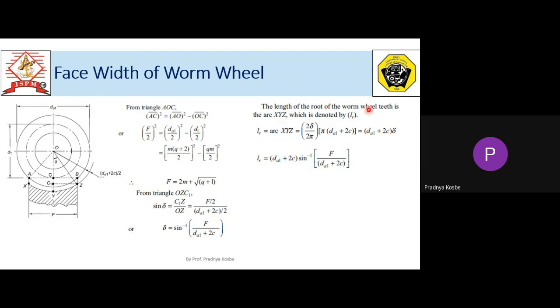So the length of the root of the worm wheel teeth is the arc XYZ, which is denoted by the letter LR, length of the arc. So LR is arc XYZ. It will be equal to 2 del divided by 2 pi in bracket pi into dA1 plus 2C.